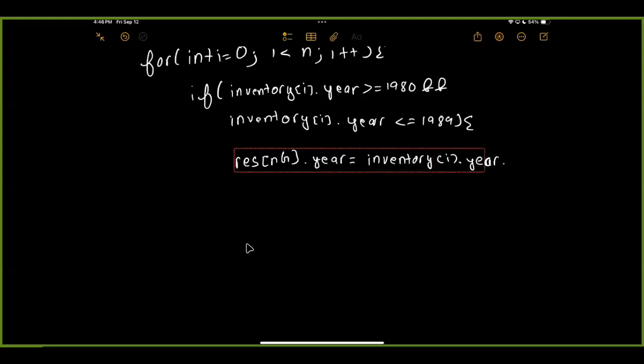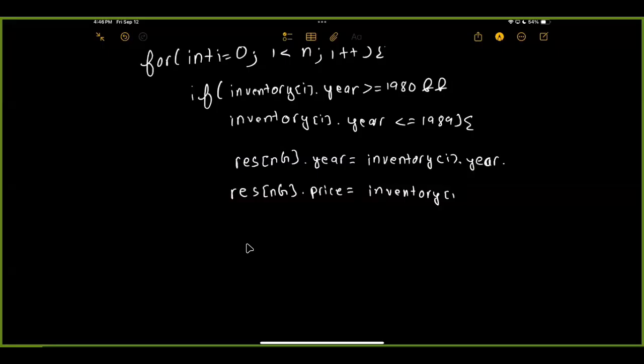Same here, res ng dot price catches the same value as inventory at i dot price. So I've copied the price and I've copied the year.